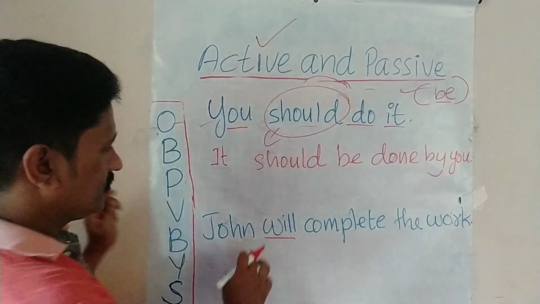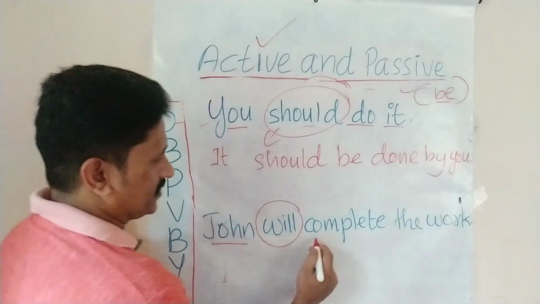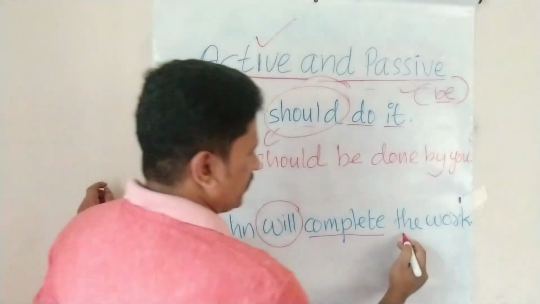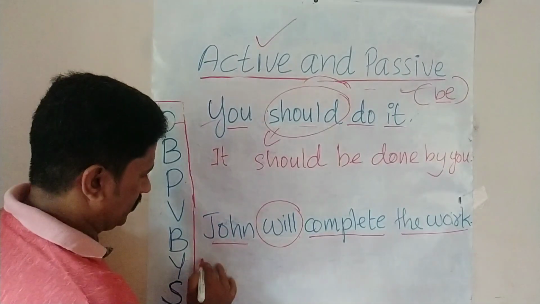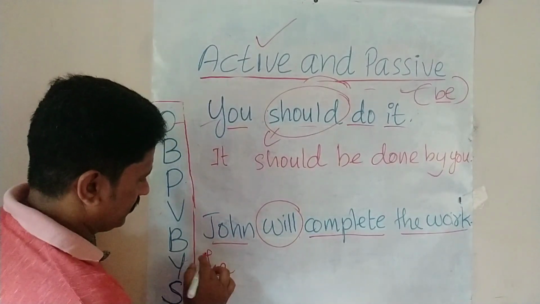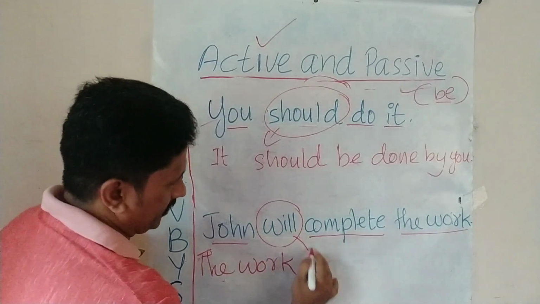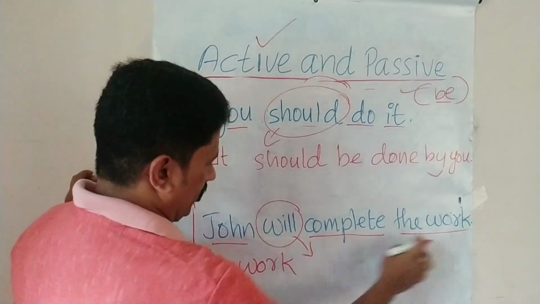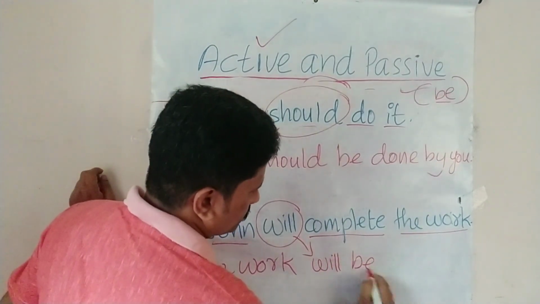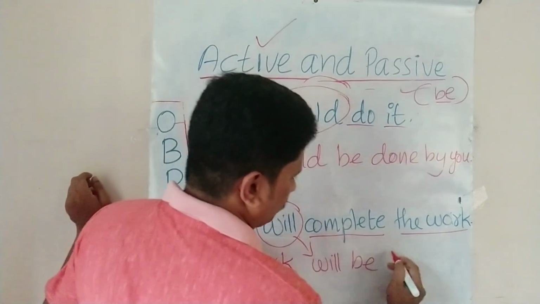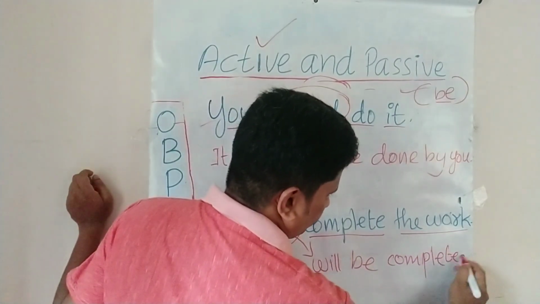And the next one, John will complete the work. So modal auxiliary will. John is the subject, complete is the verb, and the work is the object. So begin with the object, the work, and bring down the modal auxiliary. Will, use be, will be, complete changes into past participle, completed.